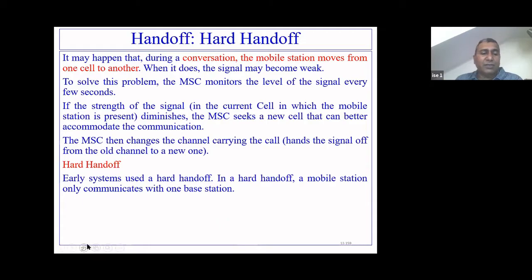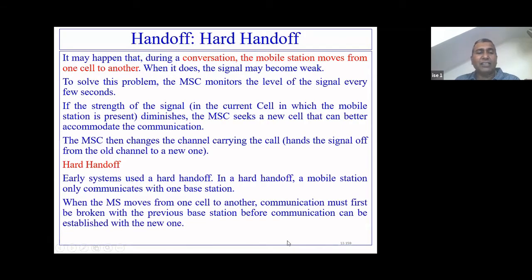So this was the early system in which hard handoff was used. In hard handoff, the mobile station only communicates with one base station. When this mobile station starts moving towards another cell, communication must be broken first. Broken first means that with the current cell where the mobile station was initially, the connection has to be broken before communication can be established with a new one.